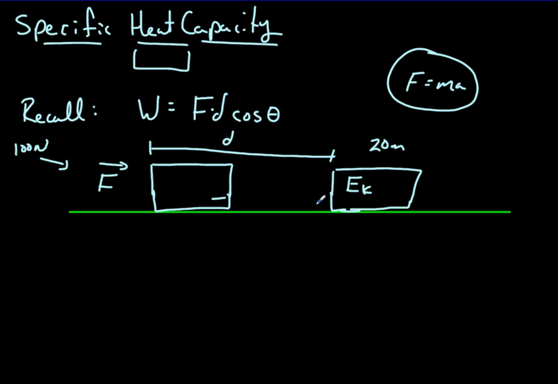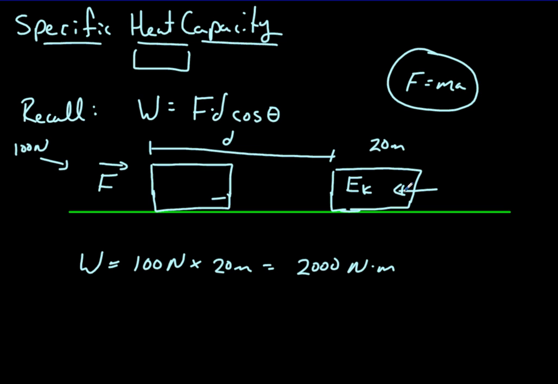All right, so let's do some math here. The work I did, we said that we applied a 100 newton force over a 20-meter distance. So we should have 2000 newton meters worth of work. We're going to disobey thermodynamics, and we're going to say all of that work went into kinetic energy in this box.